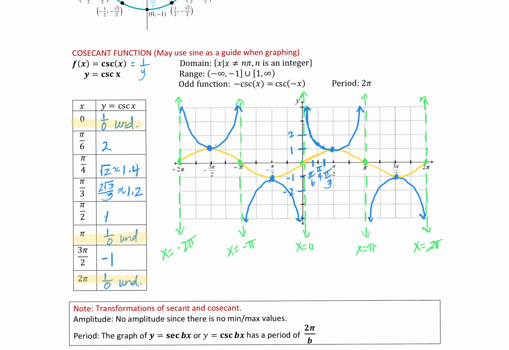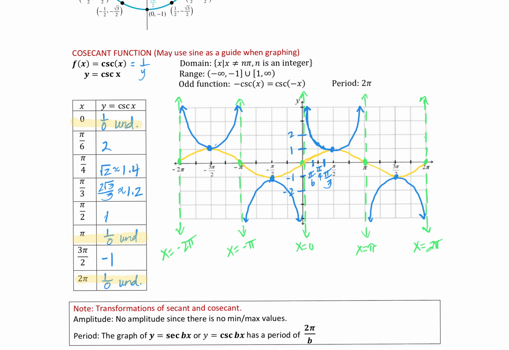So the easy way to graph cosecant is to just graph the sine function. Wherever sine is 0, or wherever there's an x-intercept, you draw your vertical asymptotes. And where sine goes up and down, cosecant will just do the opposite, and it has to follow its asymptotes.